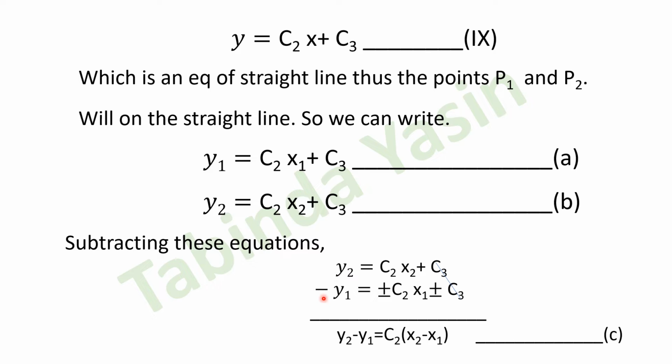Subtracting these equations, as you know that when we have to subtract these two equations we have to change the sign. So y2 is equal to C2 x2 plus C3, minus y1 is equal to C2 x1 plus C3, the plus sign converted into minus. Then the terms become y2 minus y1. Here C3 will be cancelled, only C2 will be taken common, and inside the bracket will be x2 minus x1, giving that equation number c.